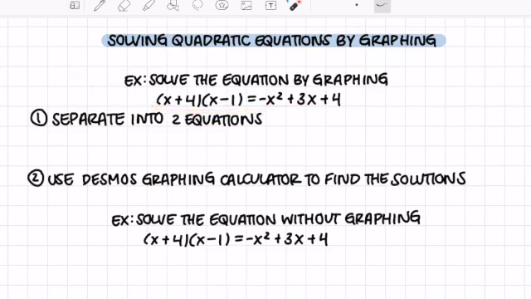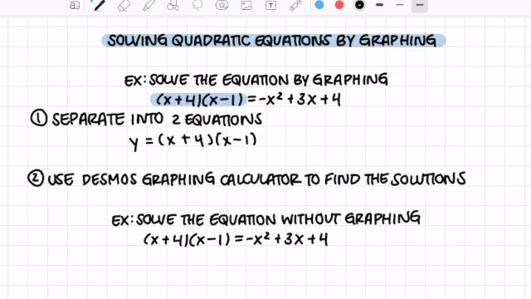First thing I want to do is to separate this one equation into two different equations. So I'll separate the first one, which is the parenthesis x plus 4 times the x minus 1. So I'll get here y equaling parenthesis x plus 4 times x minus 1.